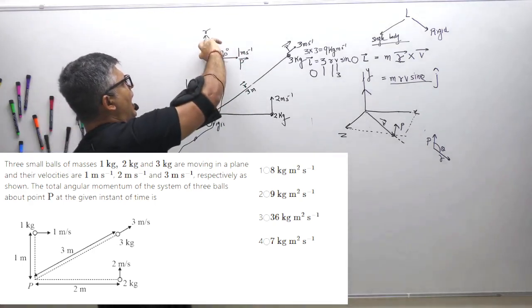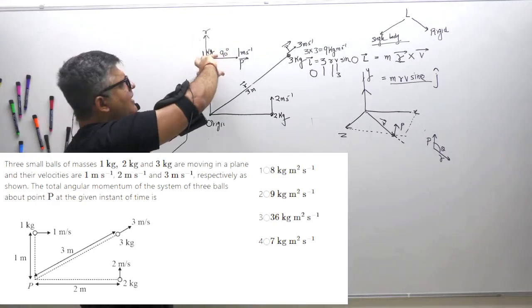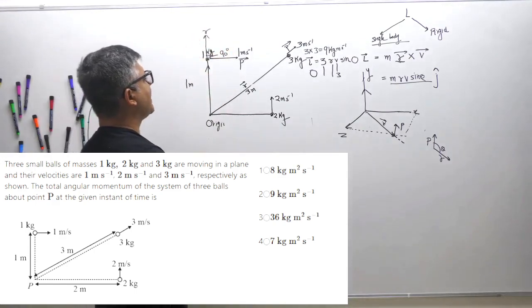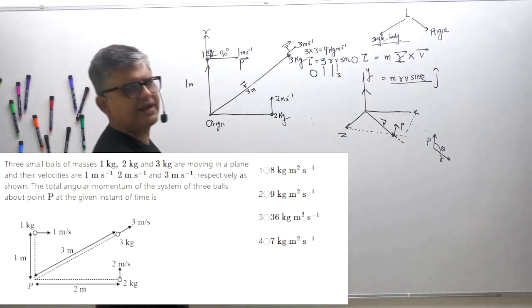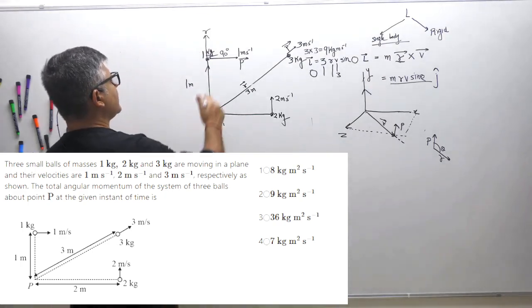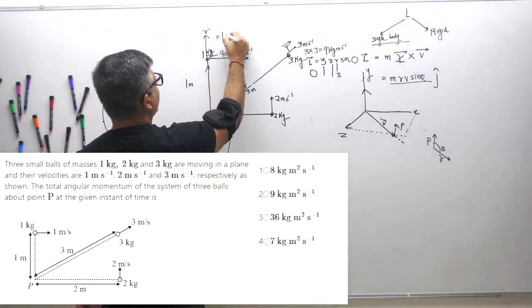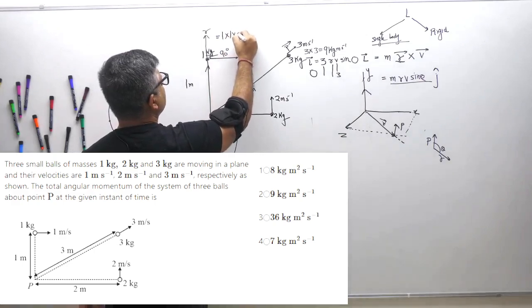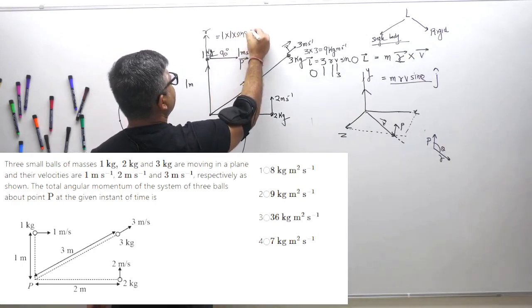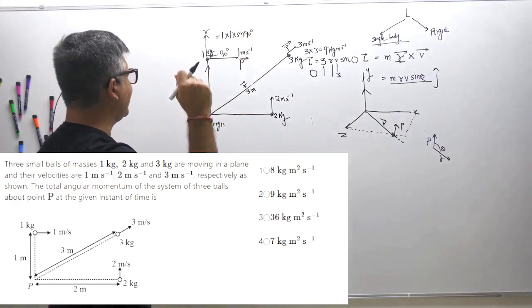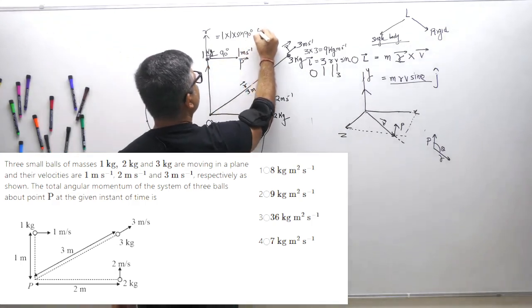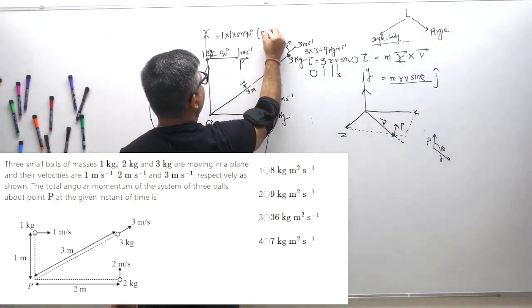And we have to do r cross v, right? r cross v goes inside, so the angular momentum is directed inside, and therefore the angular momentum is 1 into sine 90, and it is going inside. So I'm just going to write the word inside.